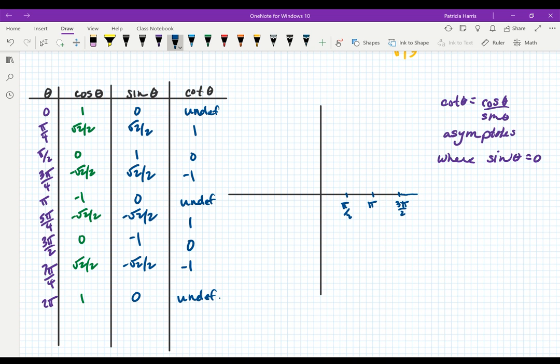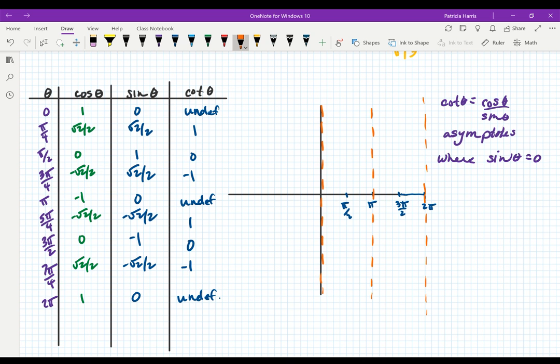Let's extend this a bit. 2 pi. So again, I have asymptotes at 0, and then pi, and again at 2 pi. So it's a little bit of an easier graph than tangent, I think.